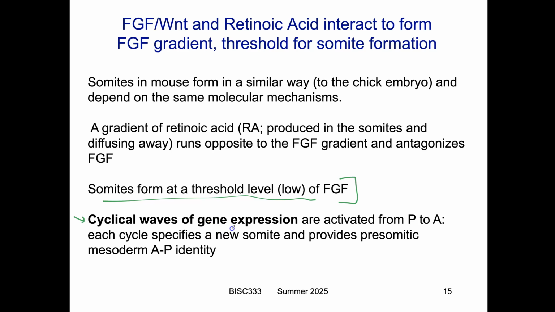And the gene expression involves FGF, Wnt, and Notch signals. There's a ton of downstream genes from these signals, and many of them go through these cyclical waves of expression based on FGF, Wnt, and Notch signaling in the cell.